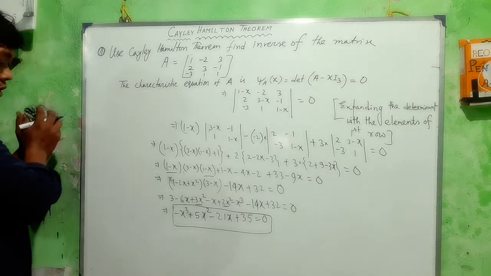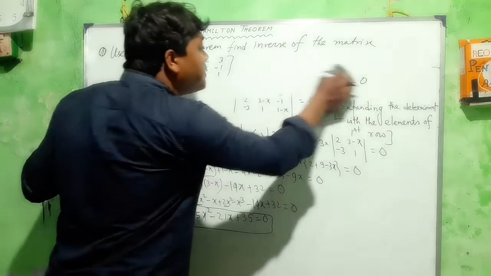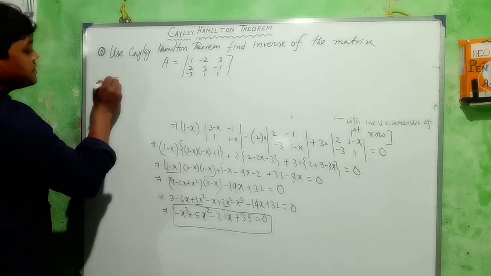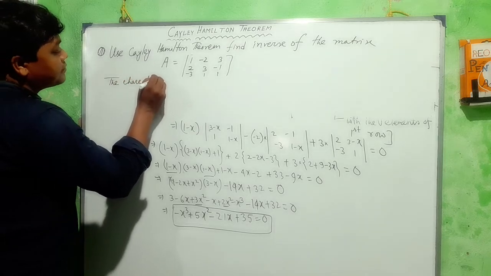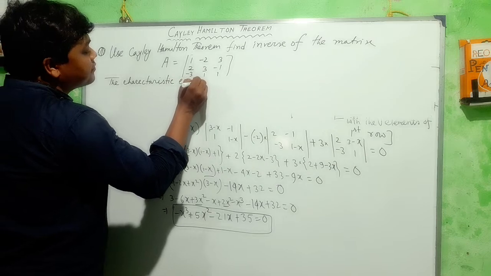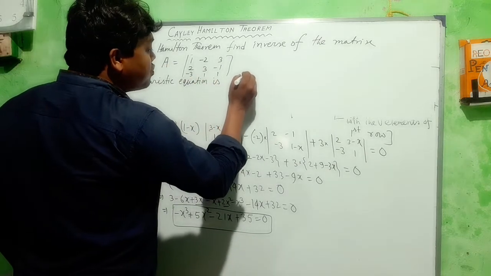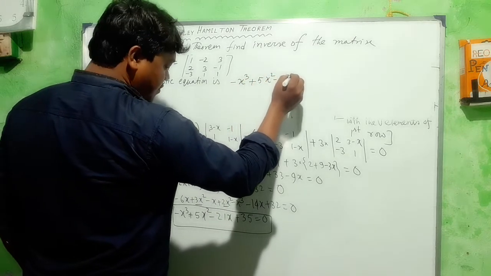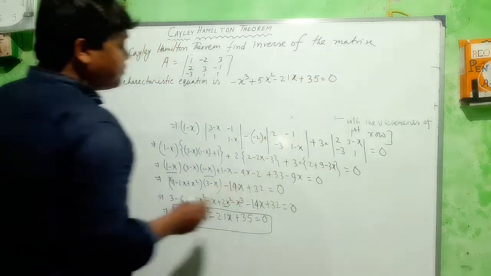So the characteristic equation is, if I write the expression clearly here, minus x cube plus 5x square minus 21x plus 35 equals to 0.